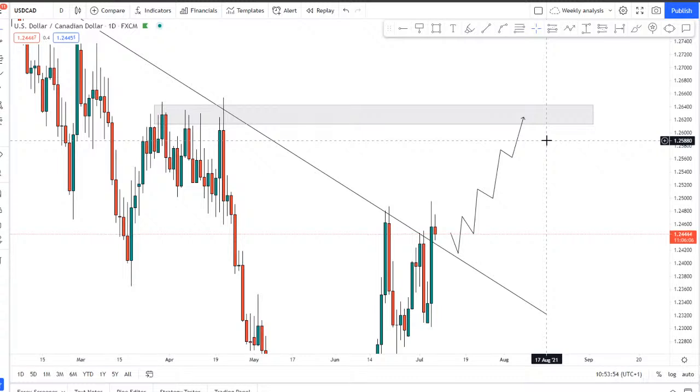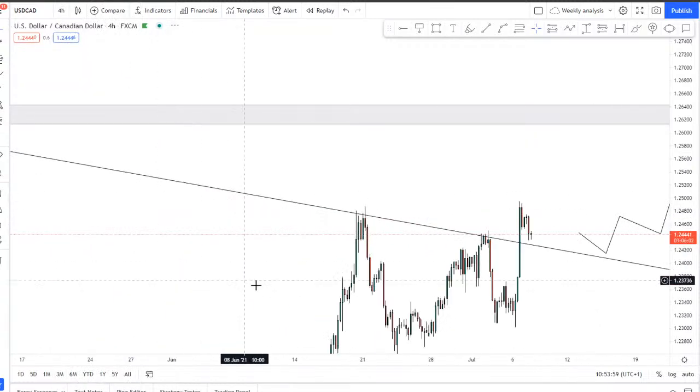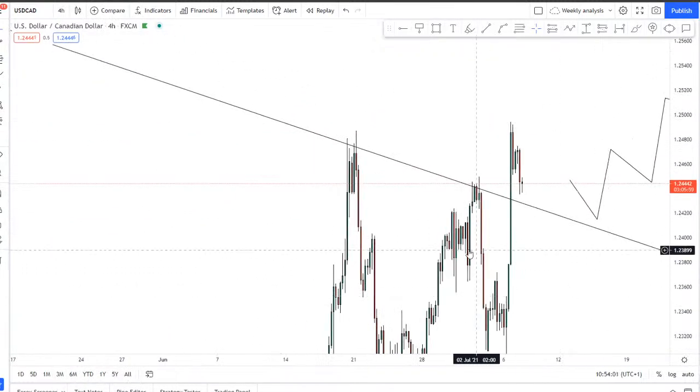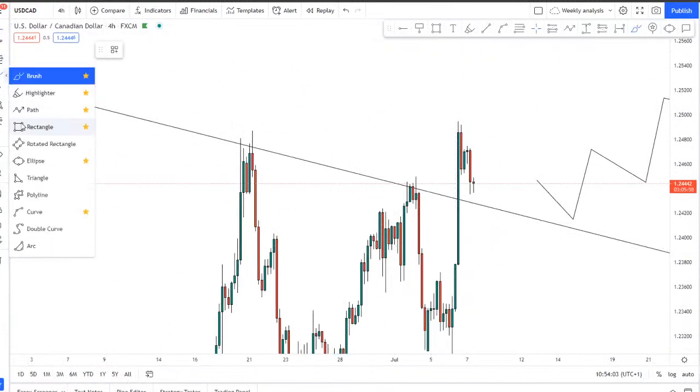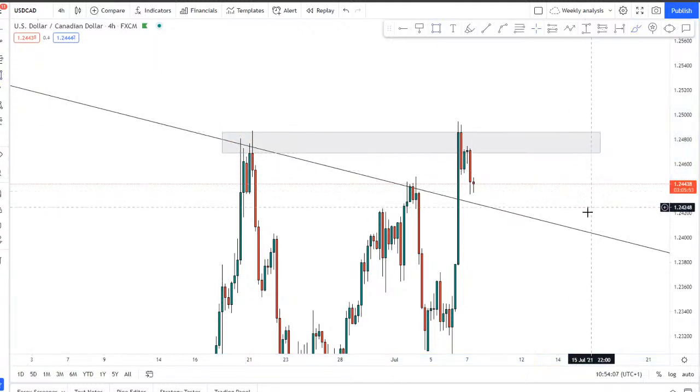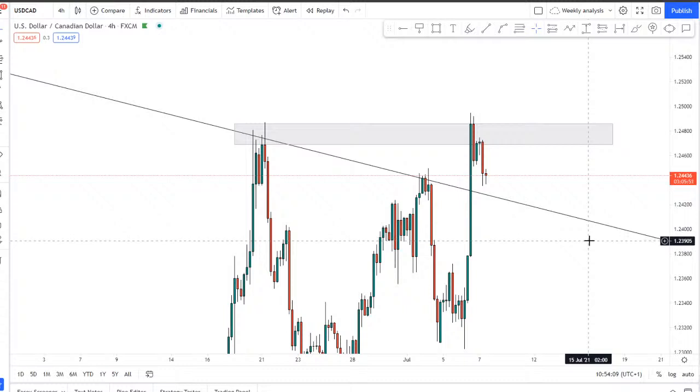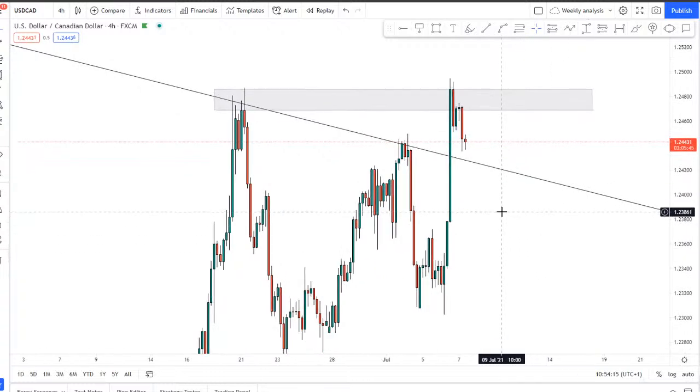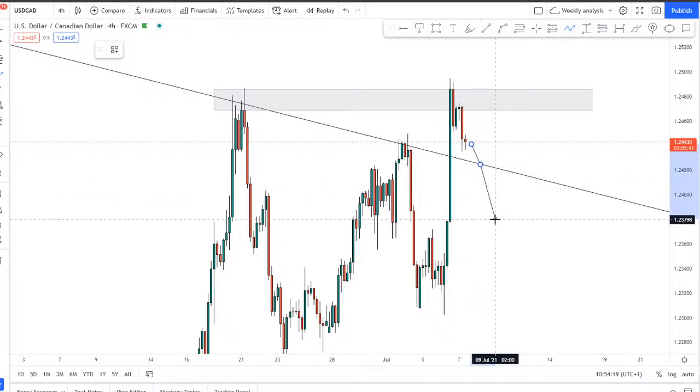So yeah, more upside for USD CAD, but like I said, currently if I do jump back to the 4H, we are stuck at that resistance right now. So any buys right now, probably not a good idea. Maybe on the lower time frames, like scalping wise maybe, but in terms of looking for swings in the market, not the best idea right now. Maybe we want to see a bit of a pullback, maybe onto that trend line, or maybe even further.